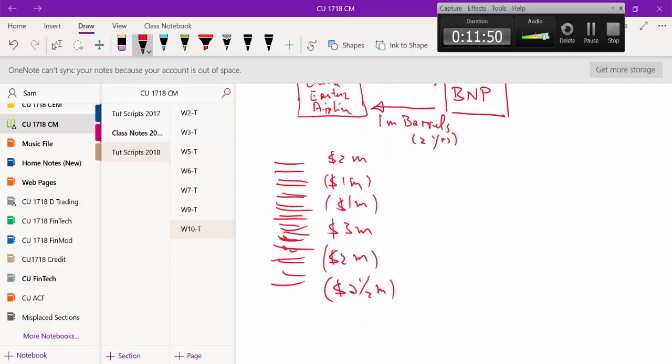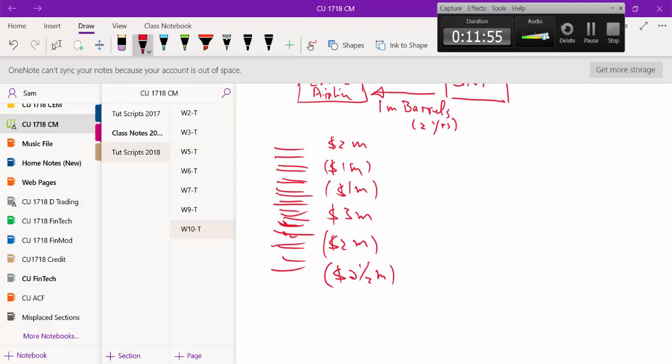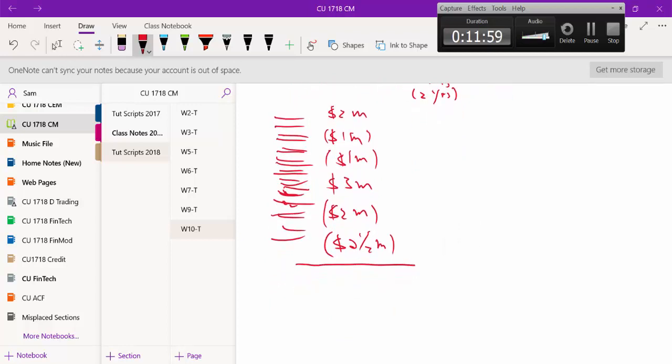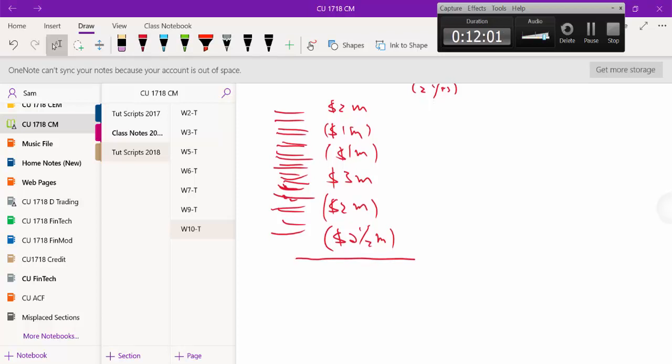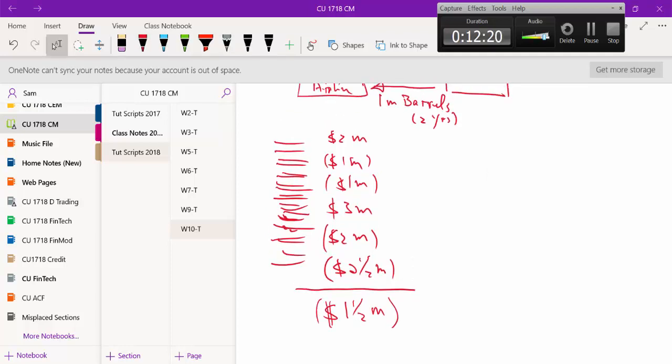Now, I already said to you last time that if you were to add them up, what is this? Plus 2, 0, plus 3, minus 1.5. We discussed this last time, and I gave you the example.